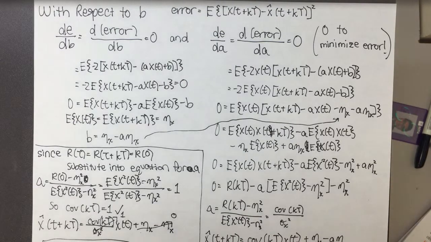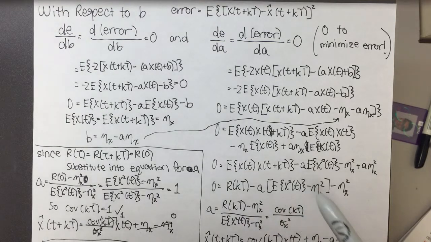the expected value of x of t times x of t plus kT, minus a times the expected value of x of t squared, minus eta squared plus a eta squared.